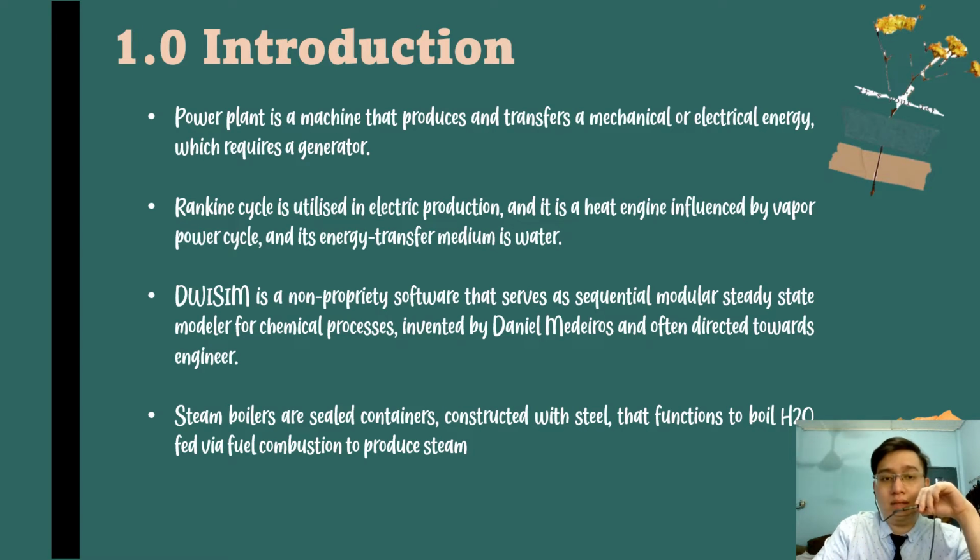We'll focus on that only. And as we talk about the Rankine cycle, we're going to talk about steam boilers, but we'll also talk about other unit operations, which are the turbine, the pump, and the condenser. We're going to recreate all the chemical processes of the Rankine cycle inside the steam boilers using the DWSIM simulator.